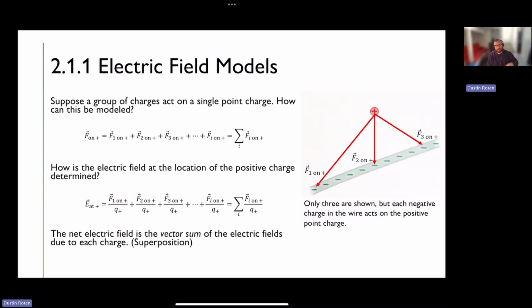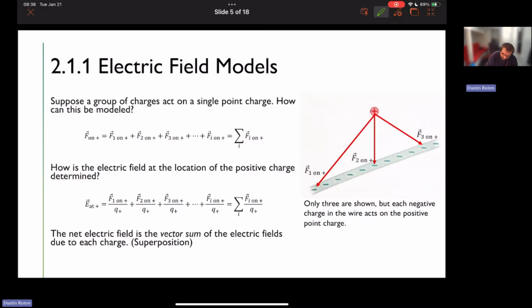Now let's think about what's going on in some of these situations. We'll go with the infinitely long charged wire, or at least a really long charged wire. So suppose we have a group of charges acting on a single point charge. How can this be modeled? Okay, so I've only drawn 3 over here, but you can imagine we have these opposite charges.